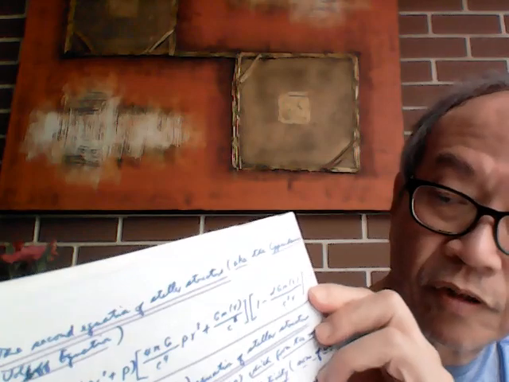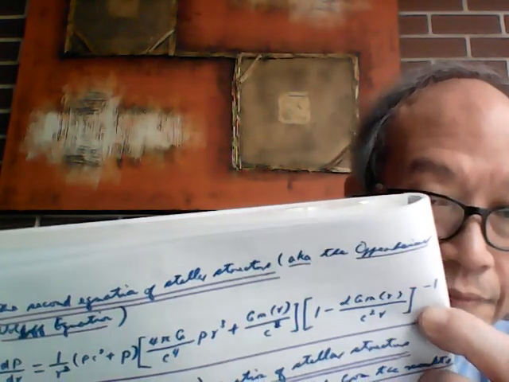And then another square bracket, 1 minus 2 G m(r) divided by c squared r, to the power of minus 1. It is actually the inverse of this function.